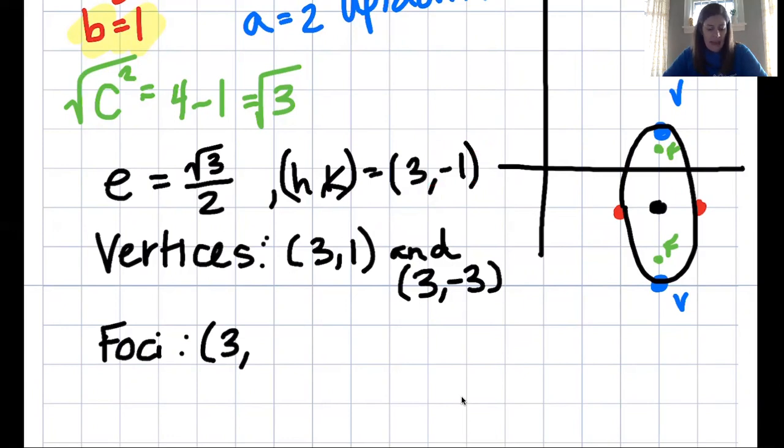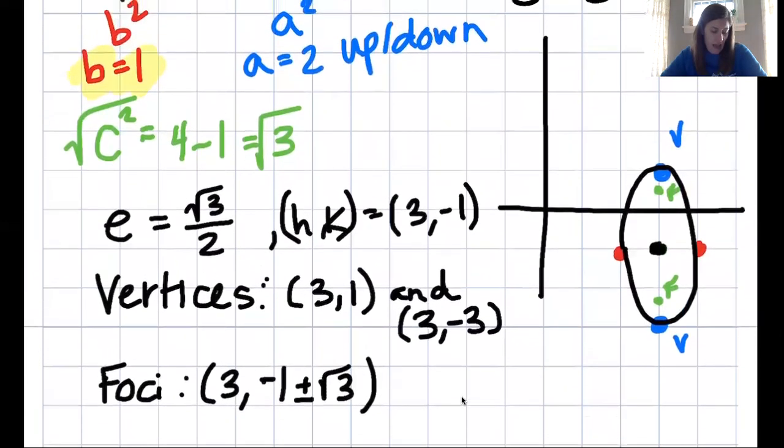I'm going to be adding and subtracting the square root of 3. So one of my focus points is at -1 plus the square root of 3, and the other is at -1 minus the square root of 3. And in this case, I'd be okay with you writing -1 plus or minus the square root of 3. So there's really 2 foci right there.